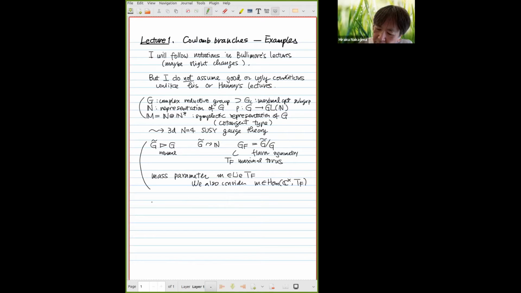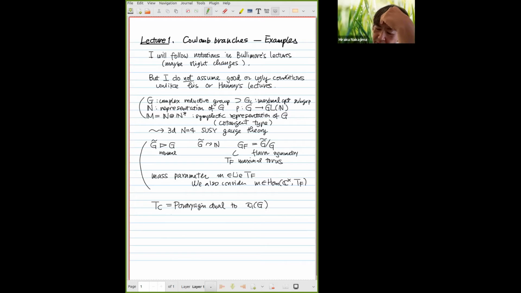And I define T_C. This is a Pontryagin dual of pi 1 of G, where G is called the gauge group.